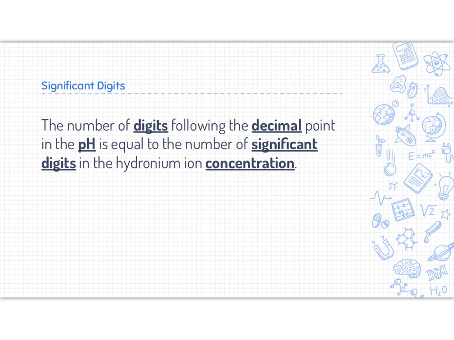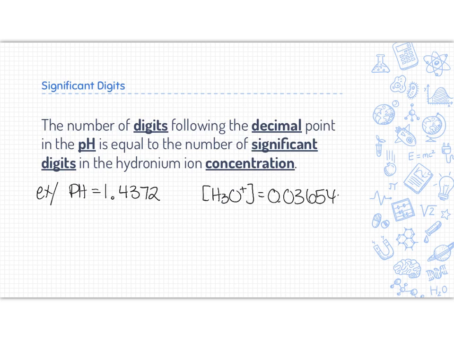Significant digits. The number of digits following the decimal point in the pH is equal to the number of significant digits in the hydronium ion concentration. What? An example will help us here. Let's say we have a pH of 1.4372. This gives us an H3O+ concentration of 0.03654 moles per liter.